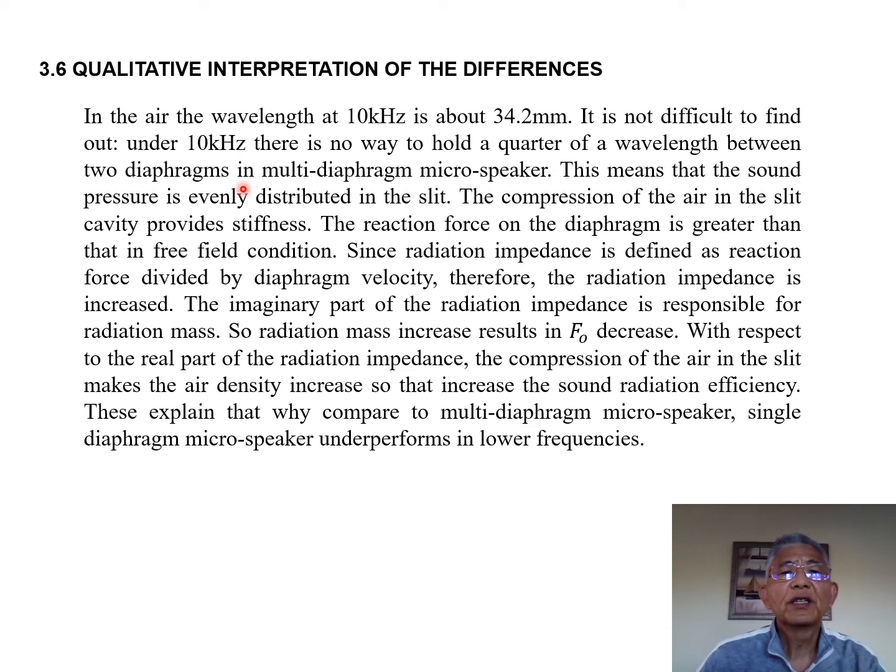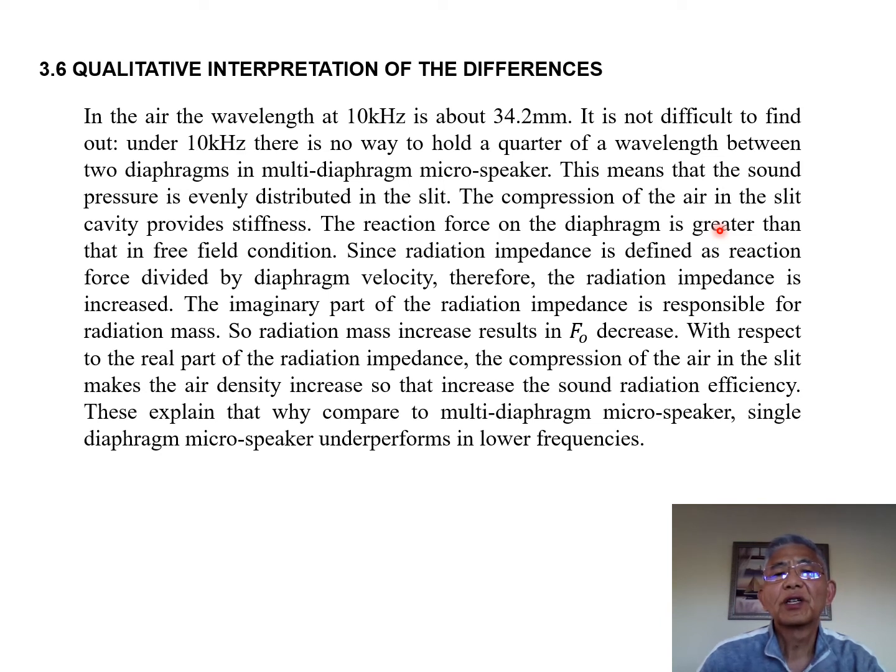So, qualitative interpretation of the differences. In the air, the wavelength at 10 kHz is about 34 millimeters. It is not difficult to find out that under 10 kHz, there is no way to hold a quarter of a wavelength between two diaphragms in multiple diaphragm micro speakers.